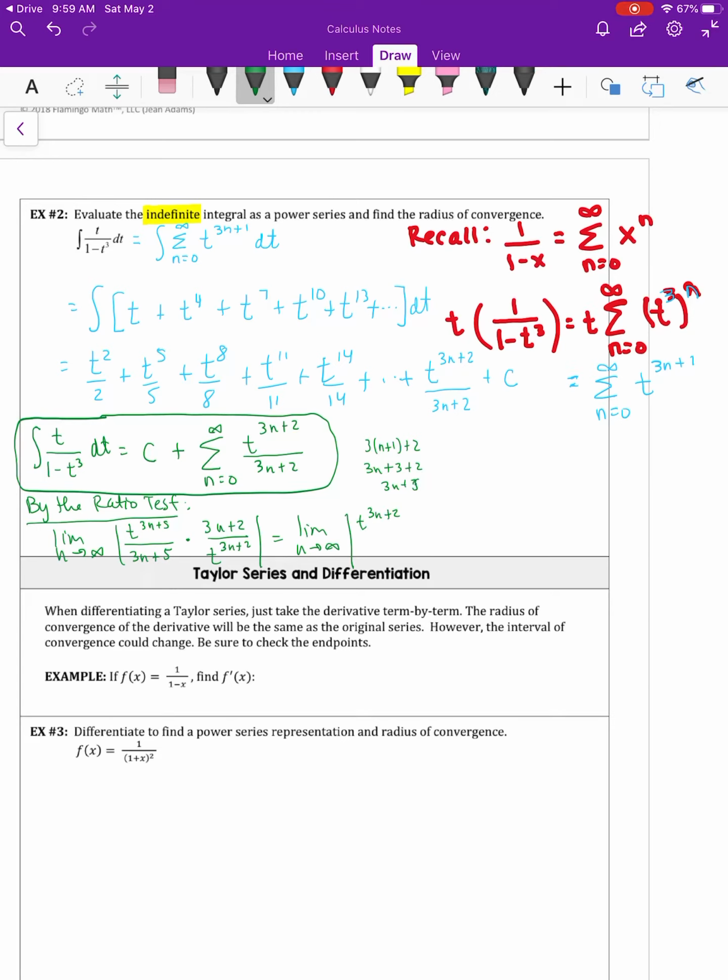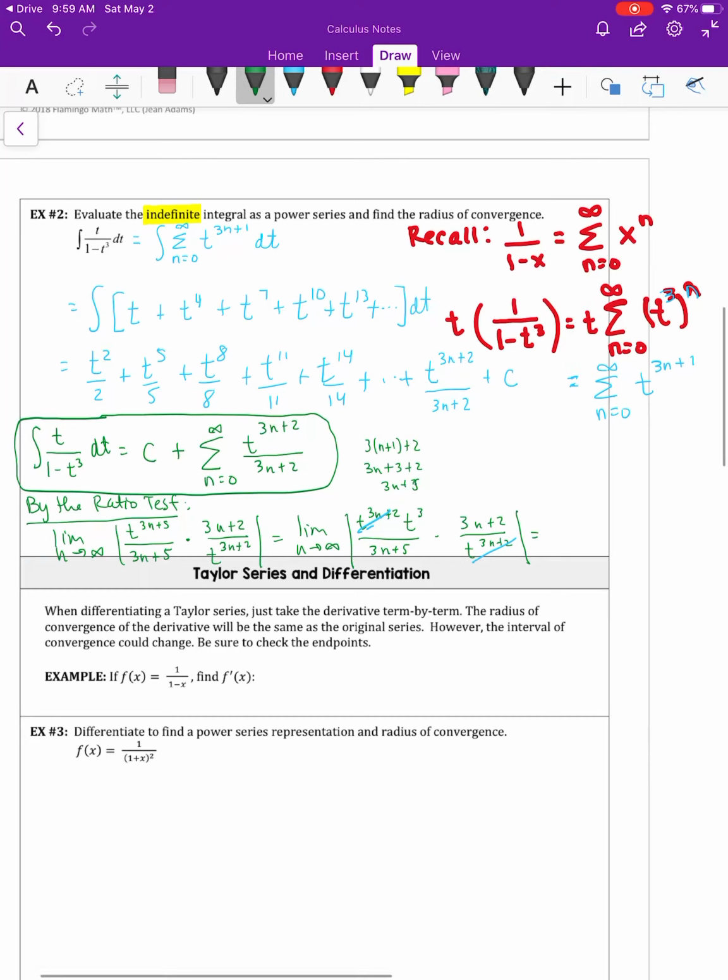of my nth. And now I want to write this so some things will cancel. So I think about this and I think, well, I want it to cancel with my t to the 3n plus 2. So really, I've got 3 more of these here. And I can't really do anything with the 3n plus 5 and the 3n plus 2.